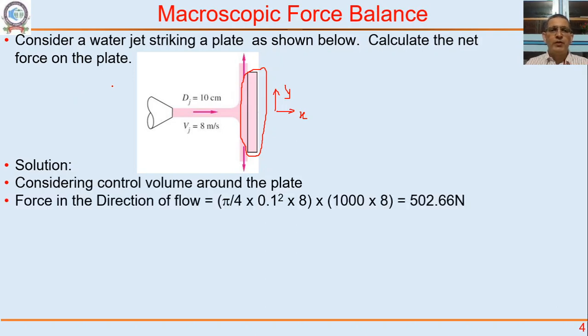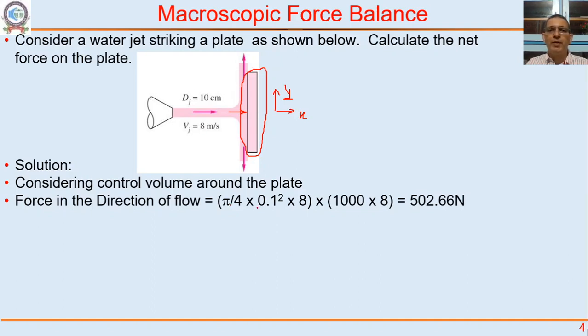Here's the solution. If you think about this control volume, and let's say this is our x direction, then momentum enters this control volume in the x direction. Momentum is not leaving in the x direction. Momentum is leaving only in the y direction. So the rate of entry of momentum in this control volume is because of this volumetric flow rate.